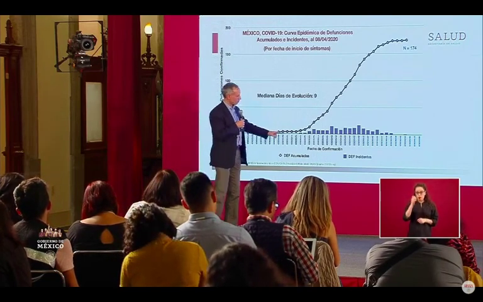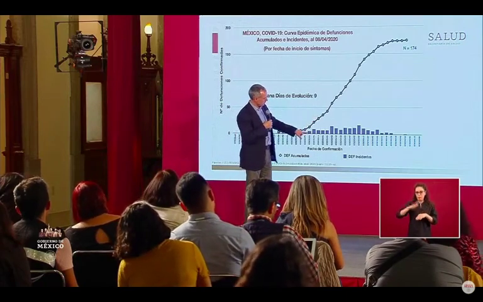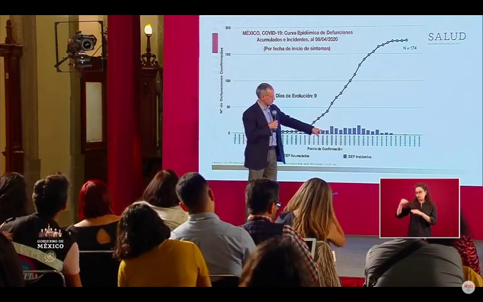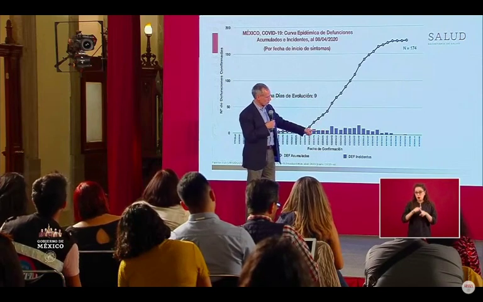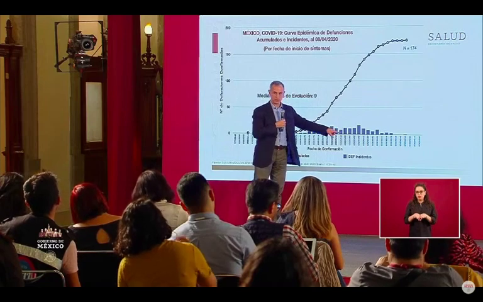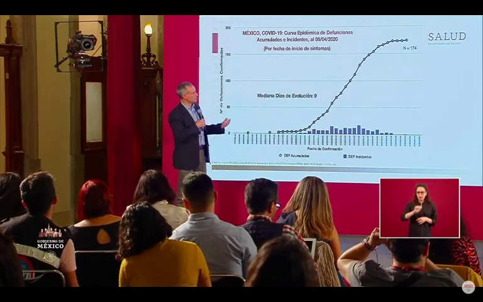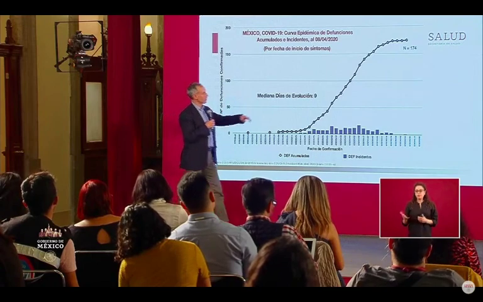The time frame is from the very first fatality to today, April the 8th. The curve shows the accumulation of fatalities, and the little bars show the individual daily measurements.